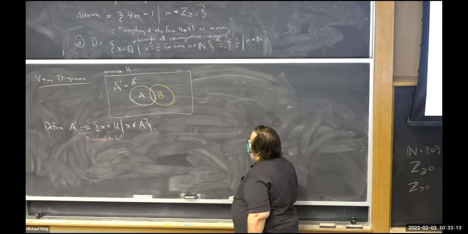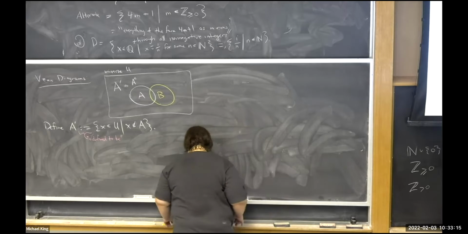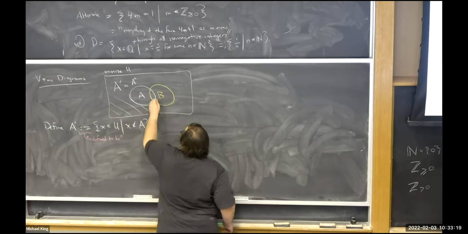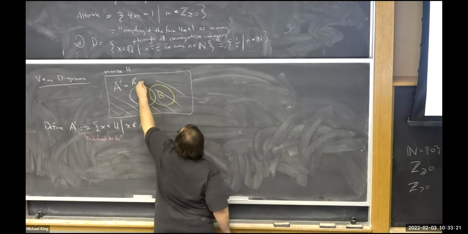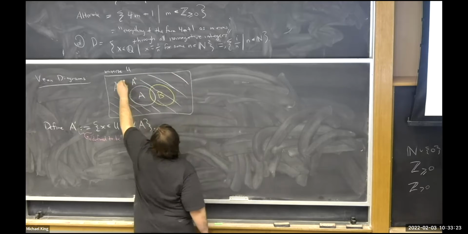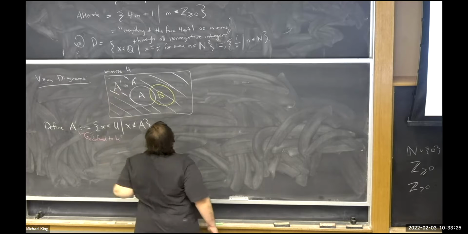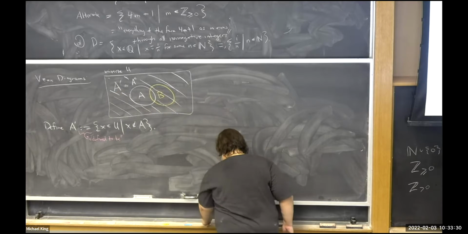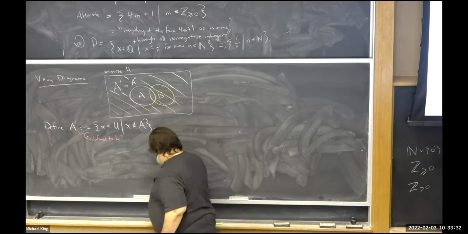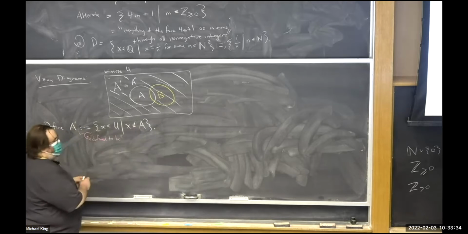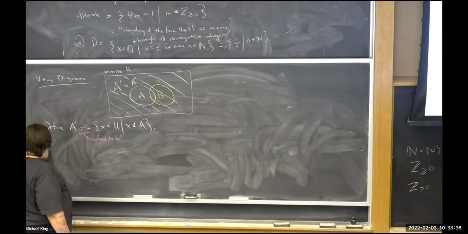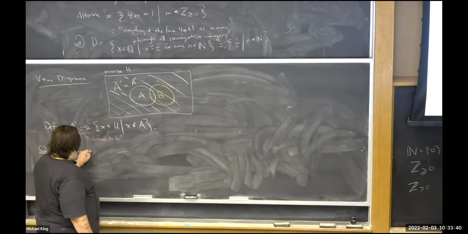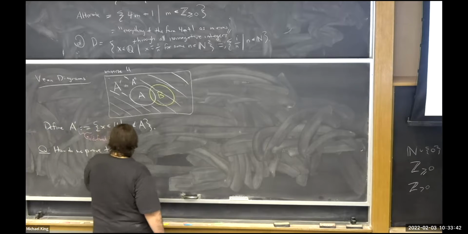A prime was everything outside of A, including the stuff that's in B but outside of A. So, question: how do we prove two sets are equal?